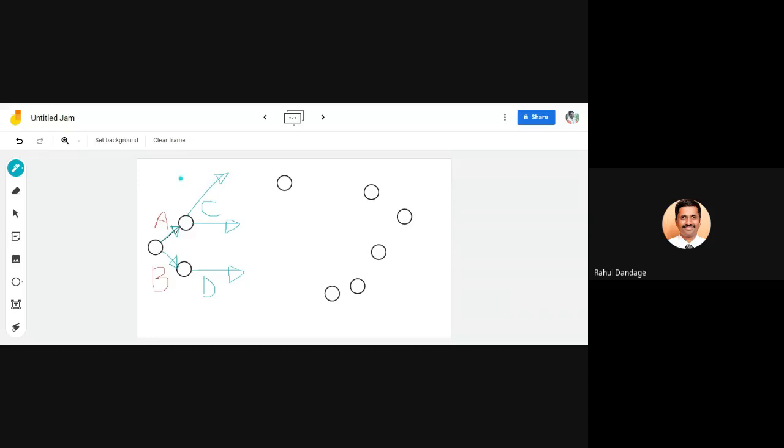This is somewhere E, depends on A, and this is a rough diagram. I'm simply showing you because we normally draw it like this, a rough diagram.